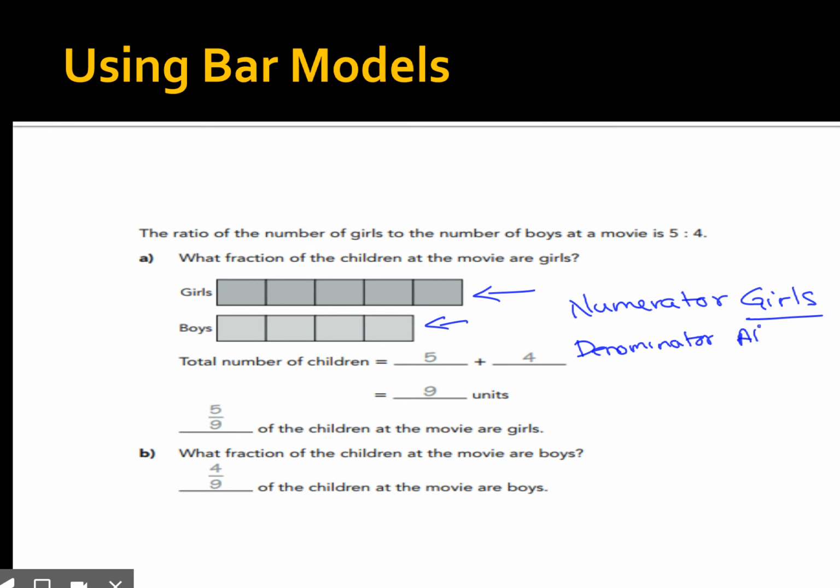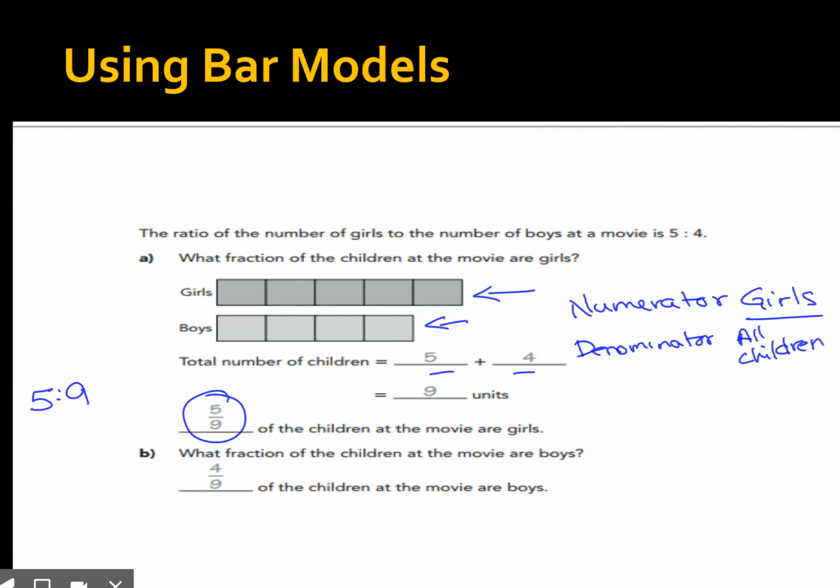So in this case would be all children. So we're writing it in fraction form versus ratio form. So in this case, we have 5 girls over 9 children total, which they just did by adding 5 plus 4. It's no different than saying 5 to 9. This is just 5/9 of the children are girls.